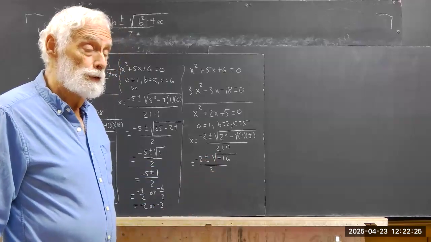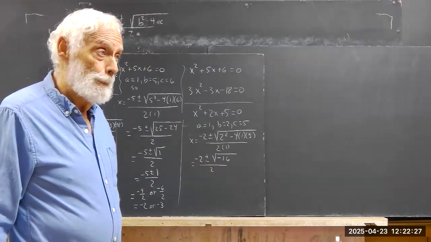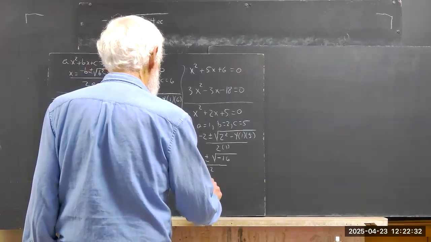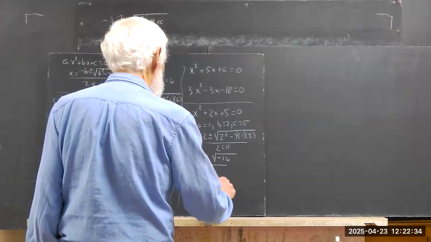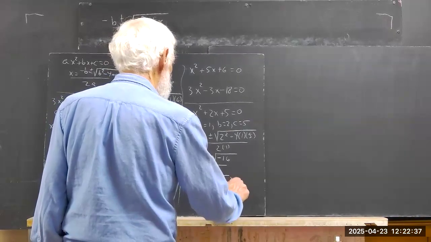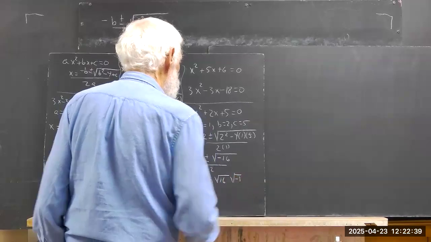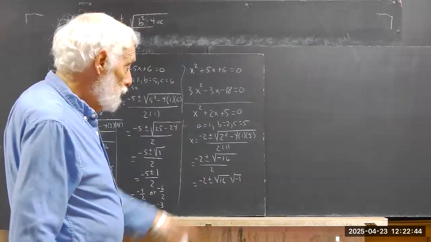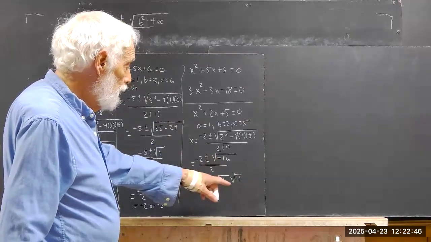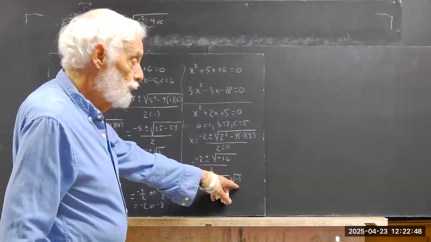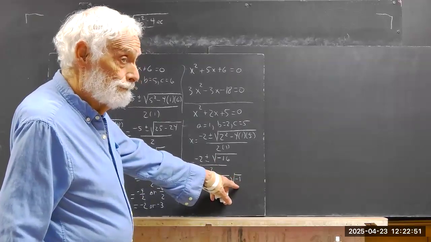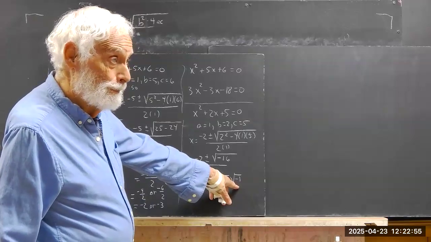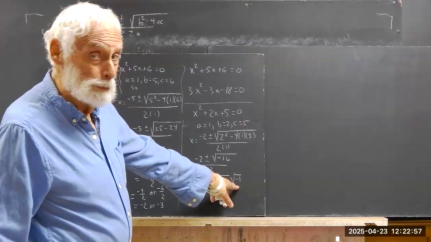So what we do, -16 is 16 times -1. So we can write the square root of -16 as the square root of 16 times the square root of -1. Now we don't know what the square root of -1 is. It's not a real number, because you can't get a negative by squaring a real number.